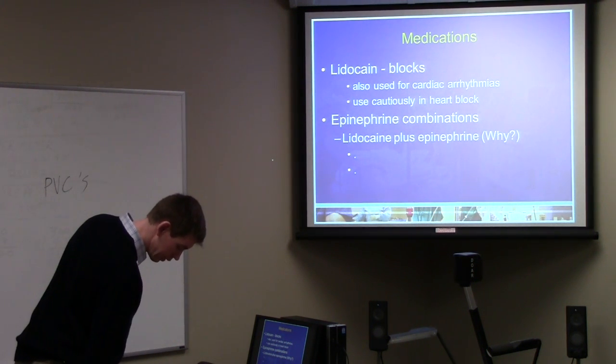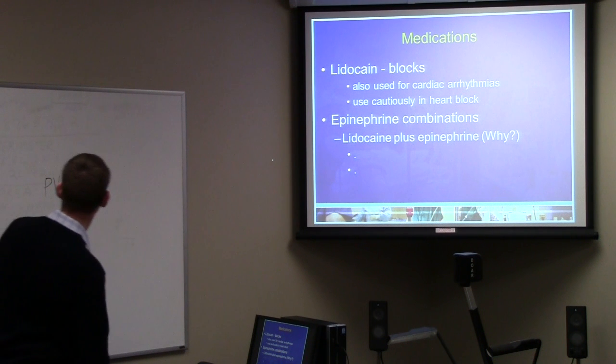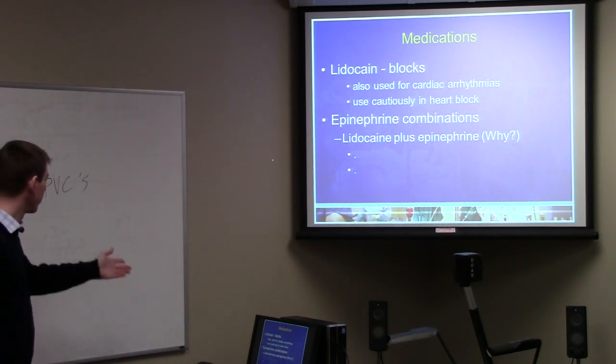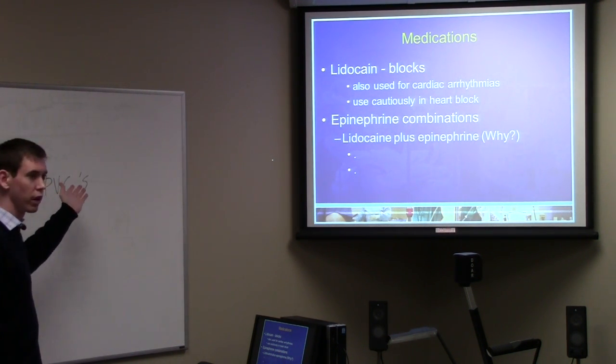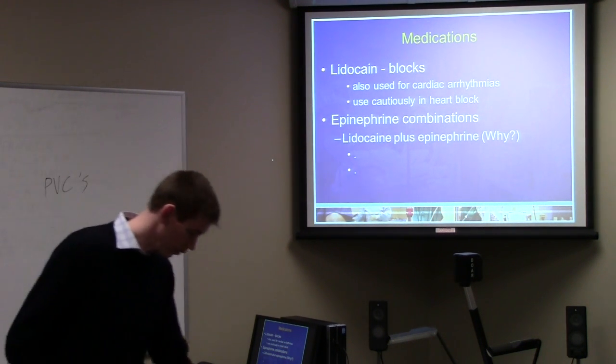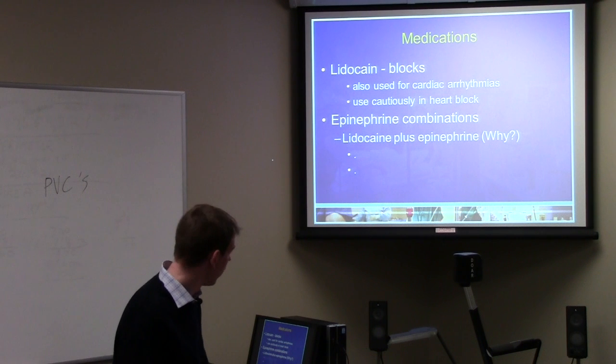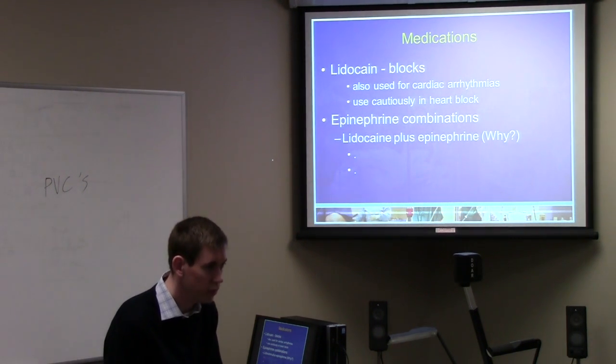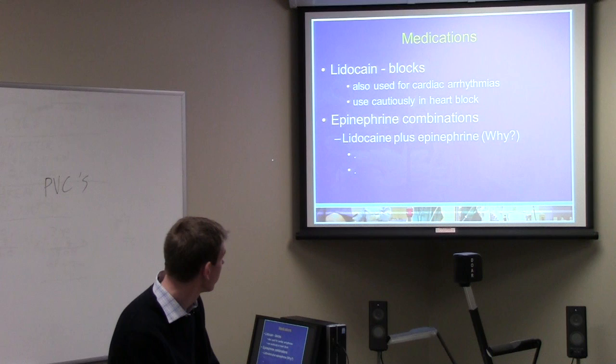PVCs stand for premature ventricular contractions. It's an arrhythmia with the heart. In the heart we have ventricles, right? So premature ventricle contractions is what that stands for. And the first sign of lidocaine toxicity is what? Numb lips. Very good.